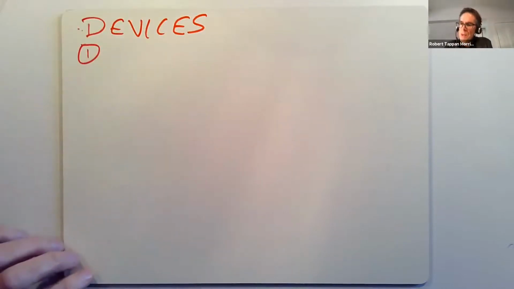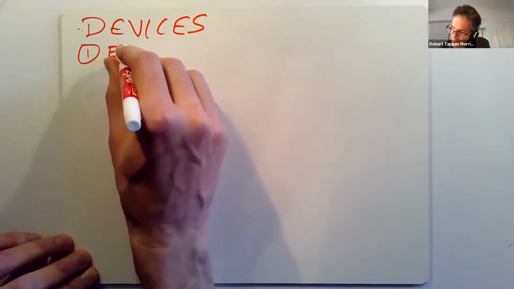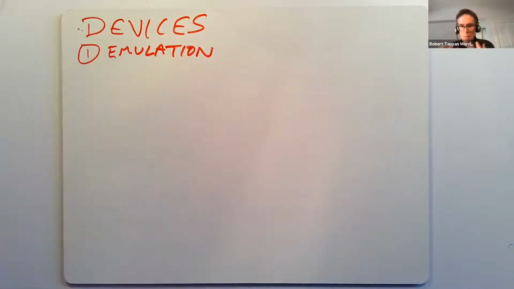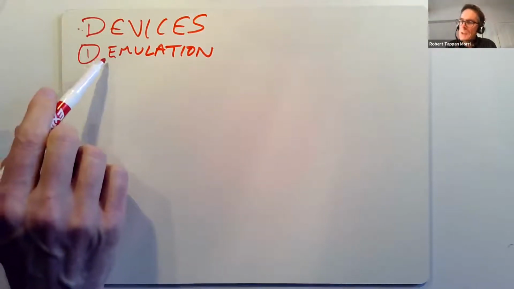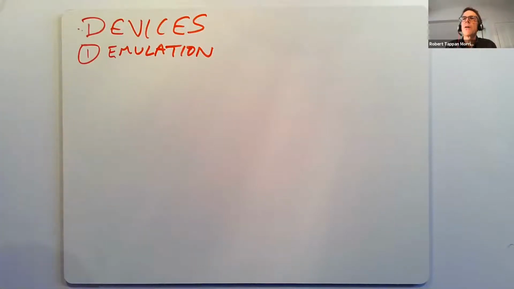One is just pick some very commonly used device in the class that you need, say a disk drive, and just do an emulation. That is, you're not actually having a real device. The VMM just makes it look like this particular kind of disk drive exists and that the guest is talking to it. Typically the guest operating system is going to try to talk to the device through memory mapped control registers.